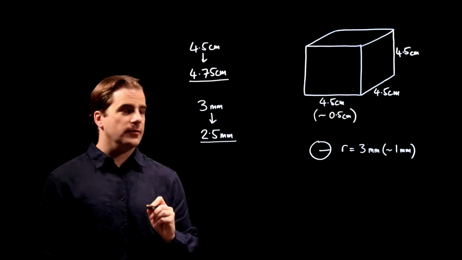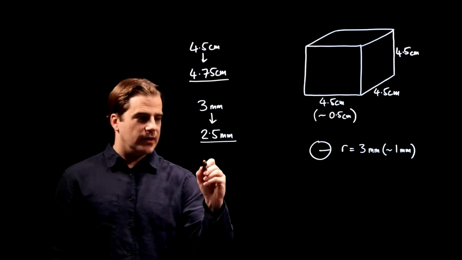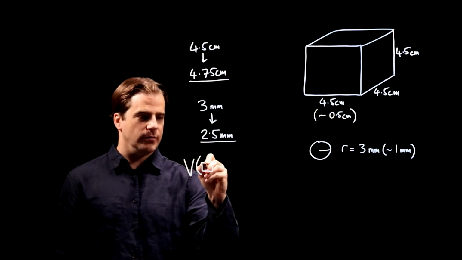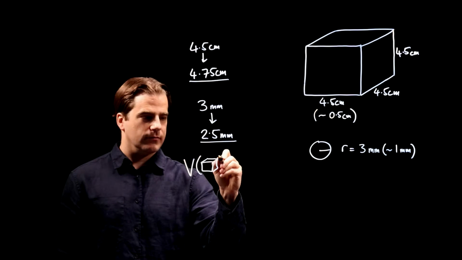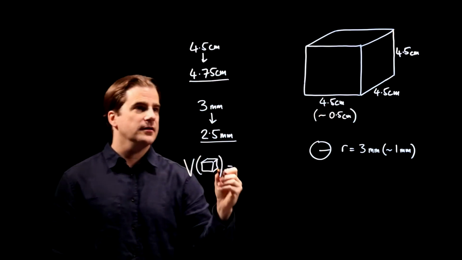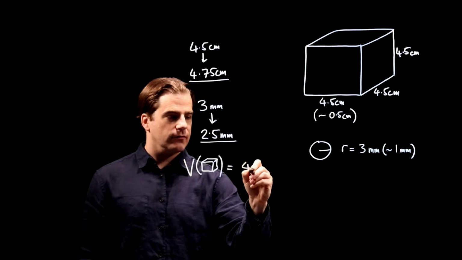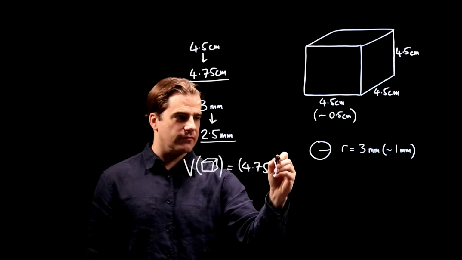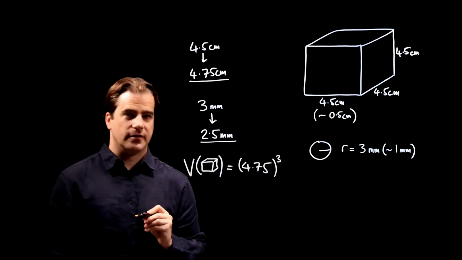So the volume of the cube is just length times breadth times height, which is 4.75 times 4.75 times 4.75, which is 4.75 cubed.